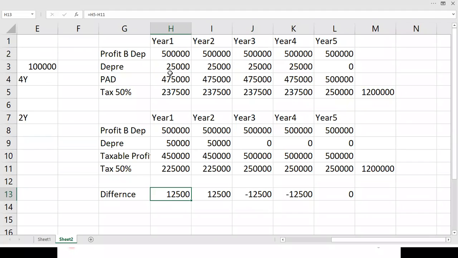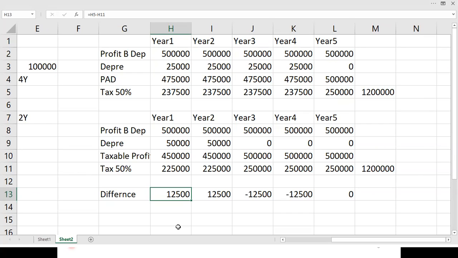So due to the differences in the depreciation amount, they are having a saving of 12,500. Will this saving be payable in the future? Actually, is this an asset or liability? Think. In year 1, you have a saving of 12,500, but that is not an actual saving.